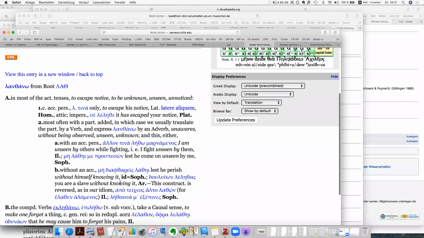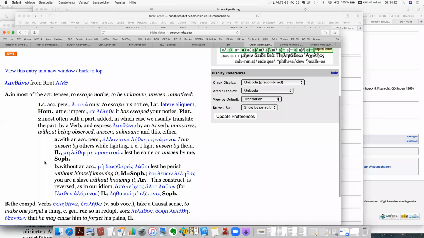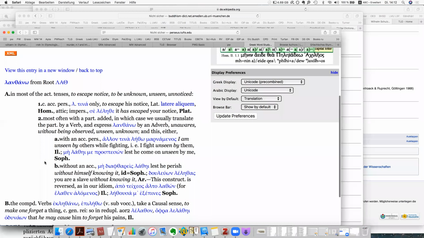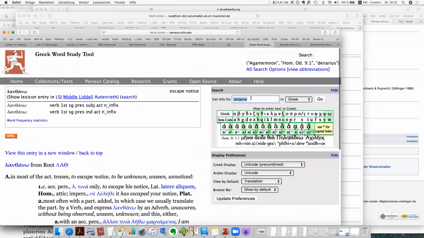It's kind of escape your notice or unnoticed. So it means that you forget something, something escapes your notice. And then if we build the reduplicated form, I think it's aorist, right? Wait a minute. Probably we can check it.